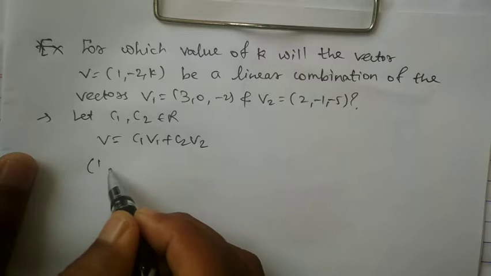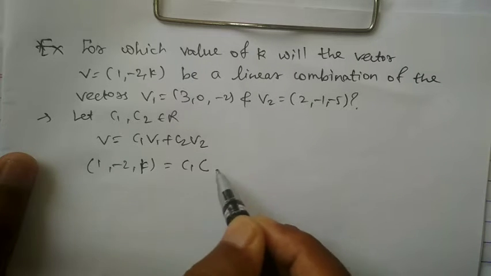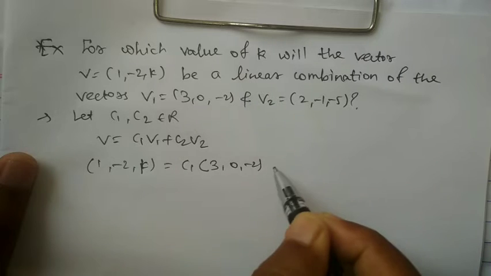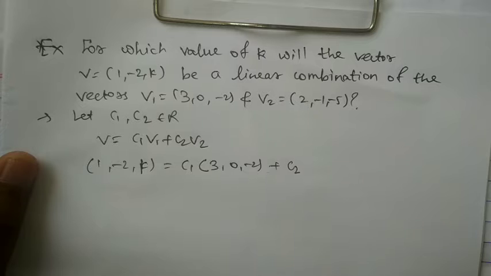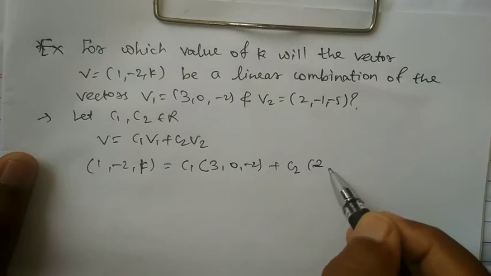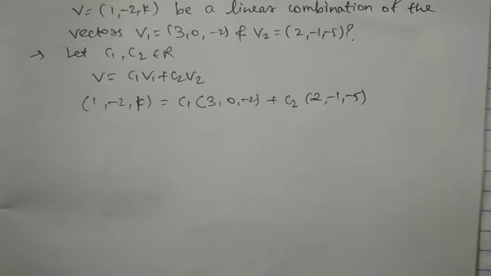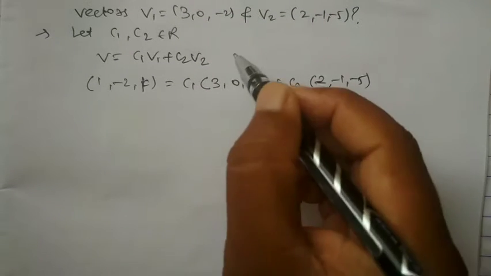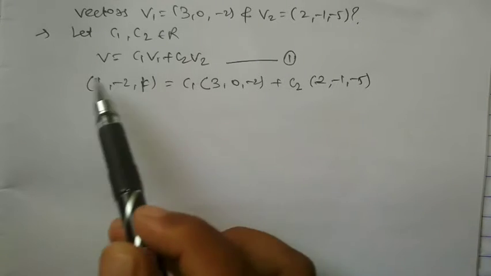Vector V is given as 1 minus 2 k, equal to C1 into V1, which is 3 0 minus 2, plus C2 into V2, which is 2 minus 1 minus 5. Now we can write the equations using this.